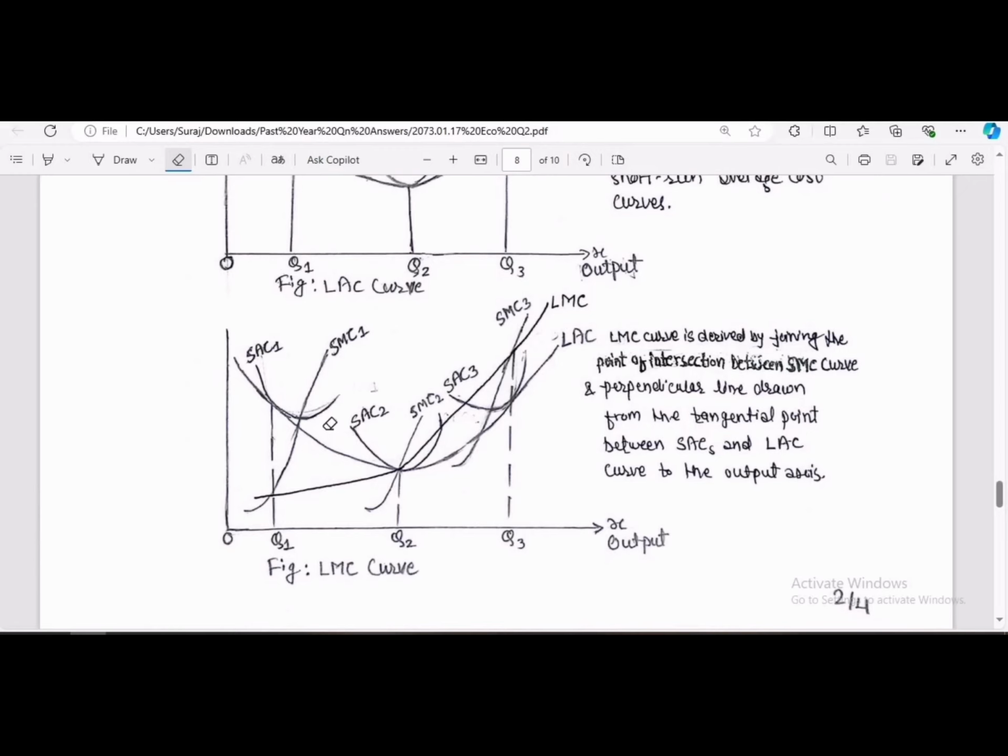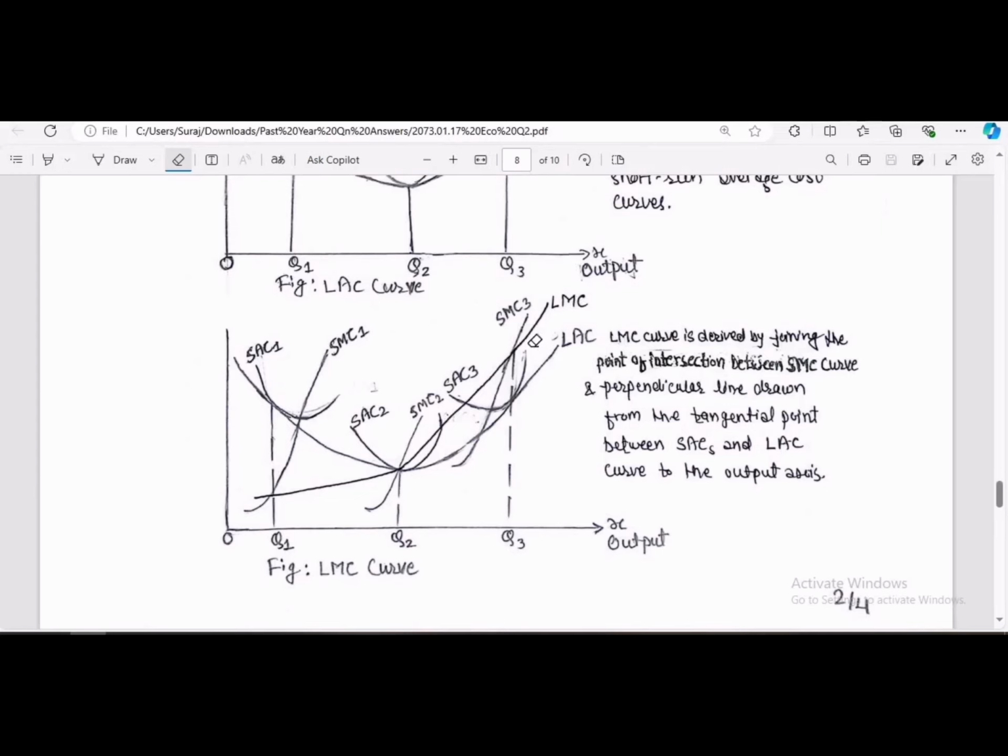Here, same like the long run average cost, we need to make the same kind of picture at first, means short run average cost curve 1, 2 and 3 will be plotted, and by adjoining the minimum point we will get the LAC. It is the same process of preparing as above.